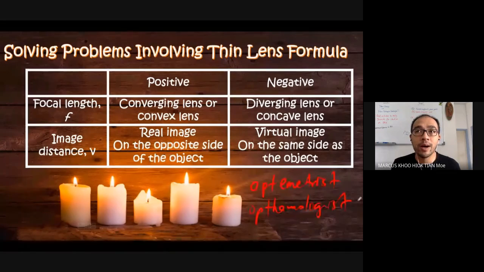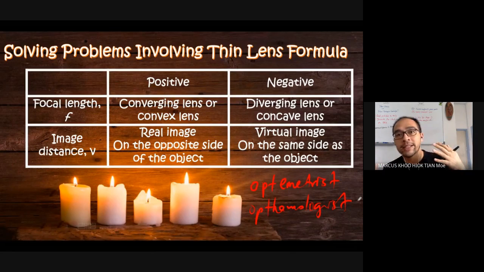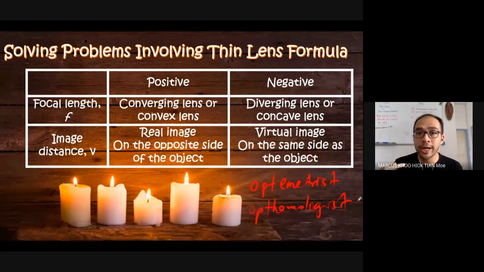I wonder how many of you know, spectacles generally is which lens? Is it a convex lens or a concave lens? There is a difference to it. Different lenses fix different problems. Ada orang yang rabun jauh, ada orang yang rabun dekat. Rabun jauh means cannot see far, right? Means short-sighted. Rabun dekat is long-sighted. You don't use the same lens for different problems.